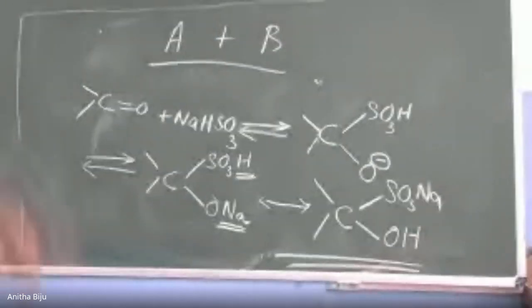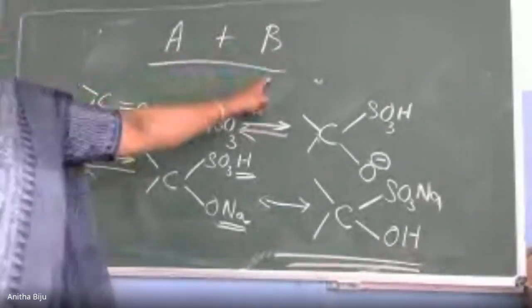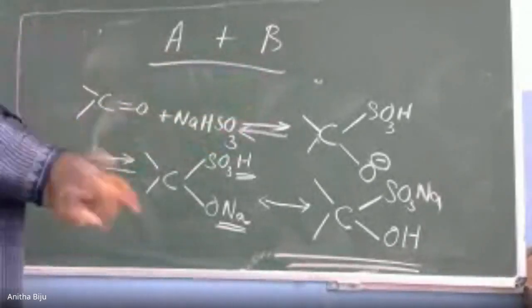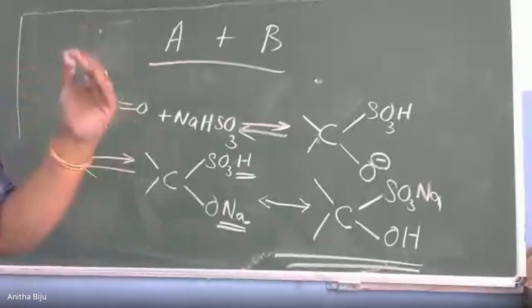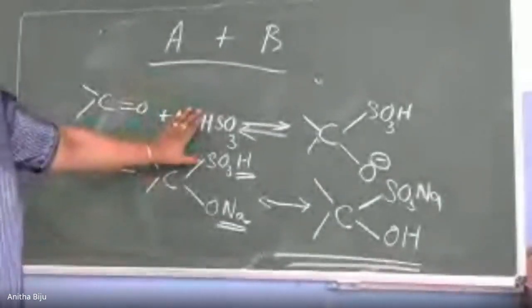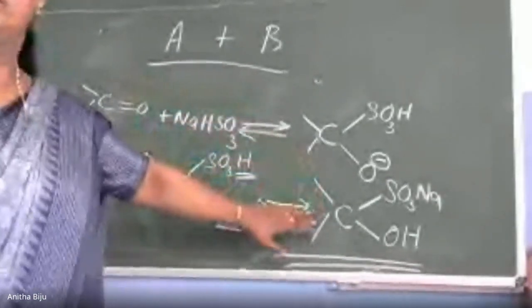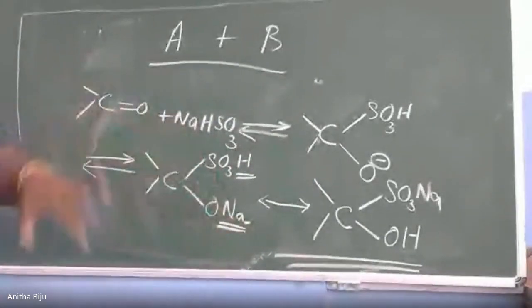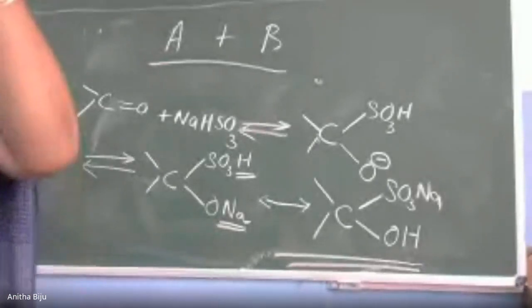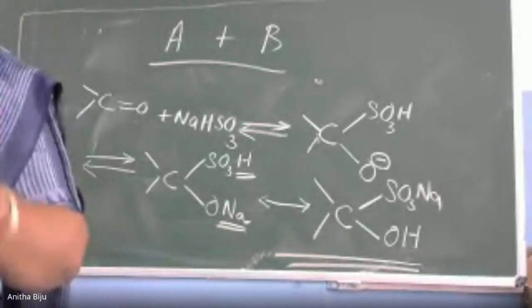And out of these A and B, the sample which is an aldehyde will only undergo the addition reaction with this reagent, forming this product, which is highly soluble in water. After that, we treat it with water. You know that we get a clear solution.